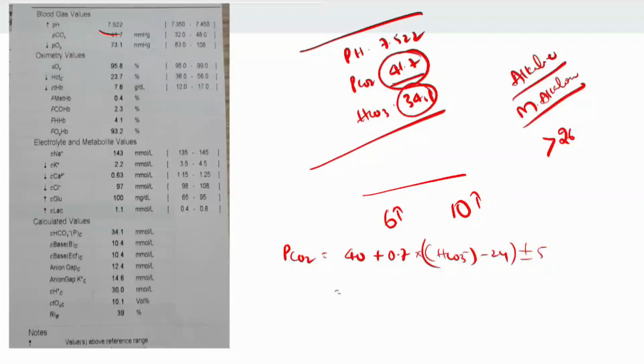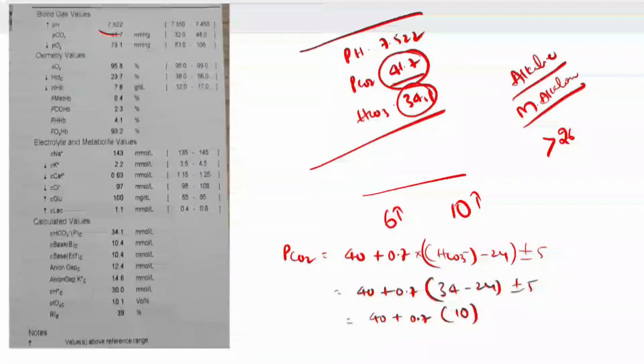Here, 40 plus 0.7, and the HCO3 value here is 34 minus 24, which is 10, plus or minus 5.